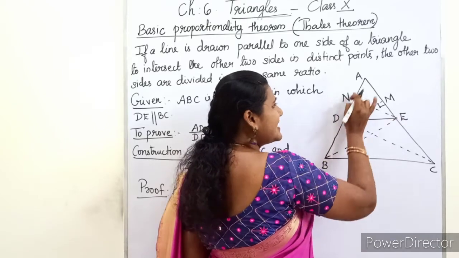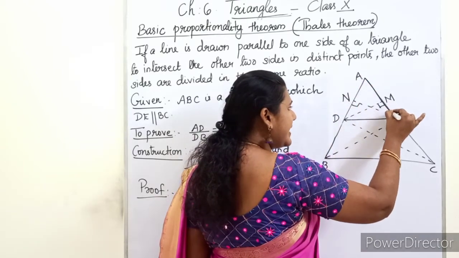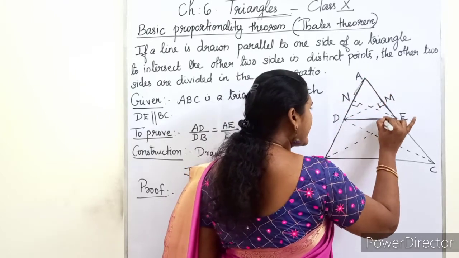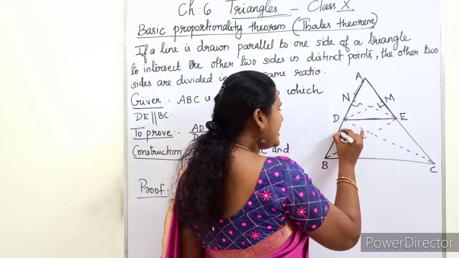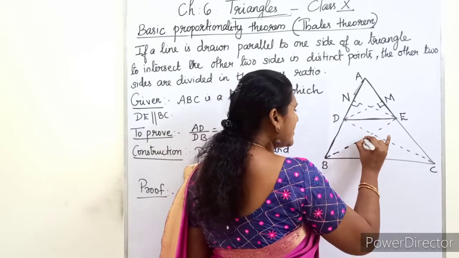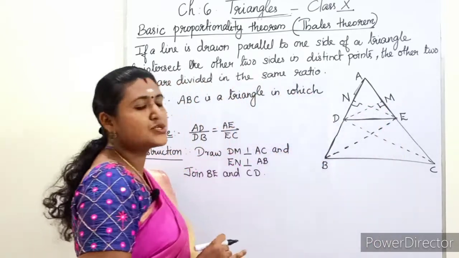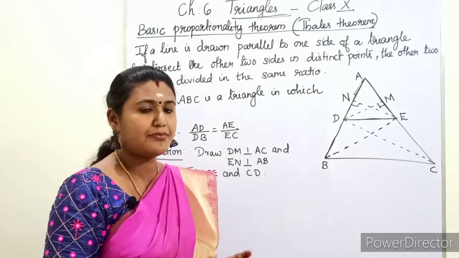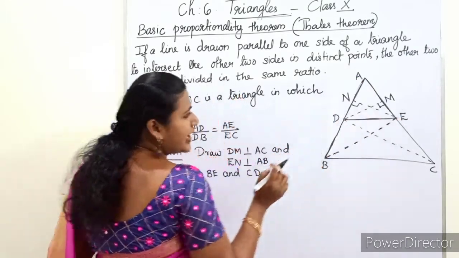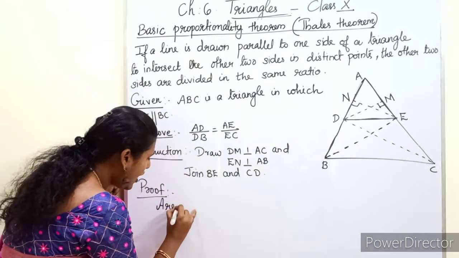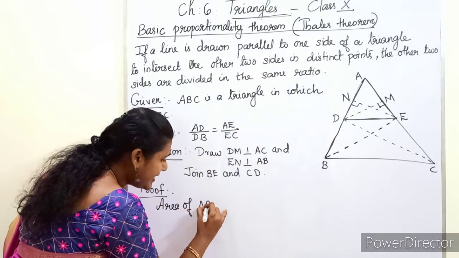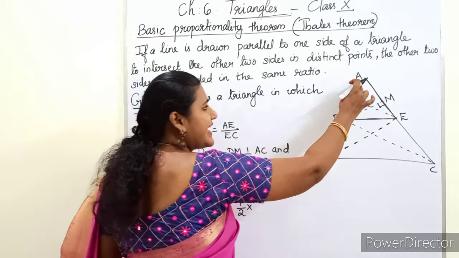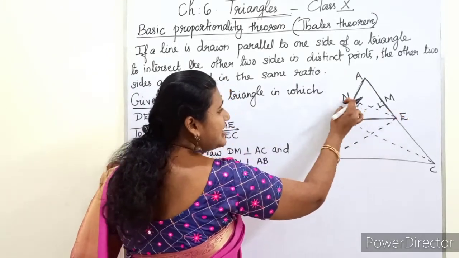We are going to find their areas using the formula half into base into height. The area of triangle ADE is equal to half into base into height. We will take AD as base and EN as height.